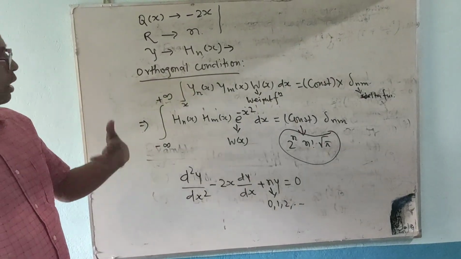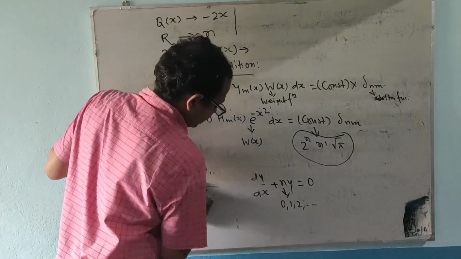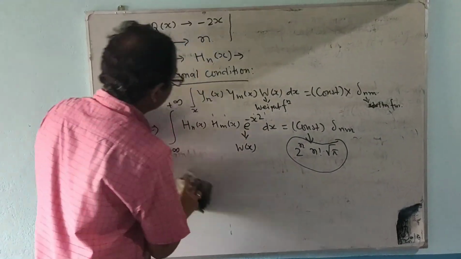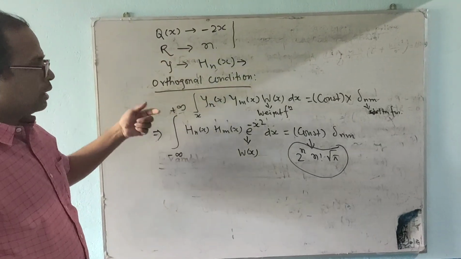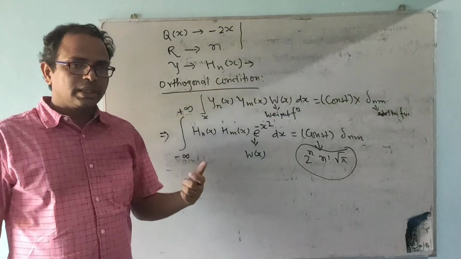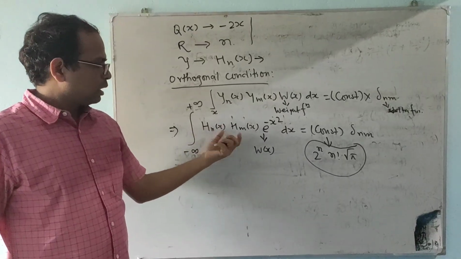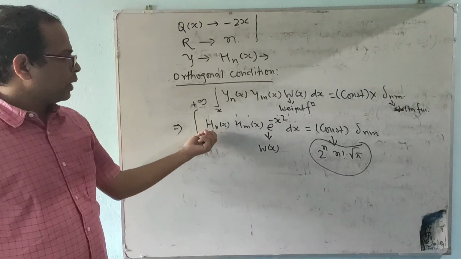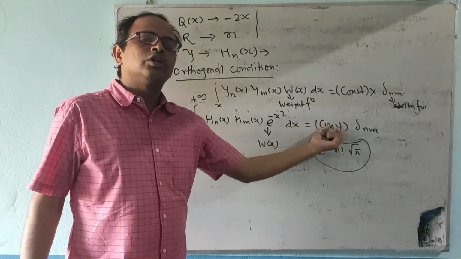Similarly, in the other polynomial cases, Laguerre and Jacobi, you have different q, different r, and for the Laguerre and Jacobi cases also, we can find the different orthogonal conditions. We have here the Laguerre polynomial, and the constant will be different.